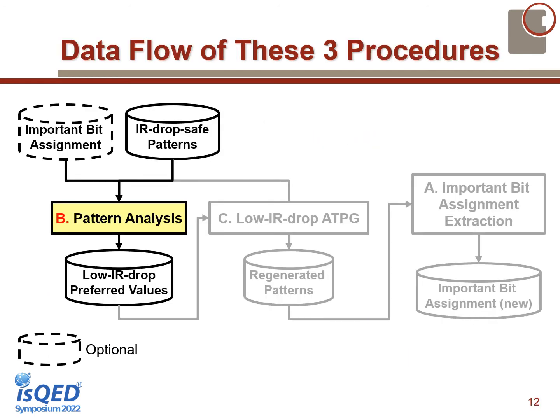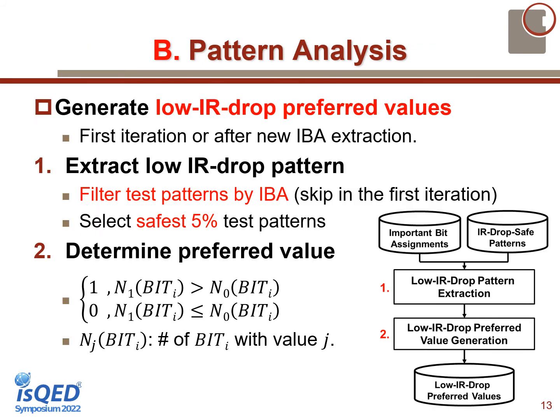Let me introduce pattern analysis. It is to generate low IR drop preferred values. We only do this in the first iteration or after IBA extraction. If it's the first iteration, we select 5% of test patterns with the lowest IR drop as low IR drop patterns. If it's after IBA, we first filter these patterns by IBA, then select the safest 5% of test patterns as low IR drop patterns.